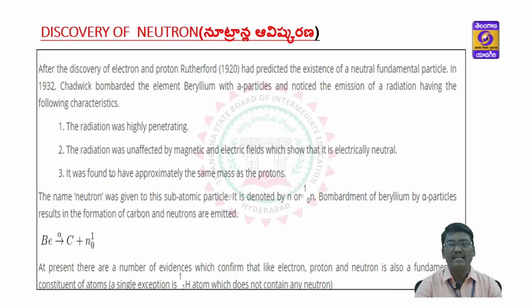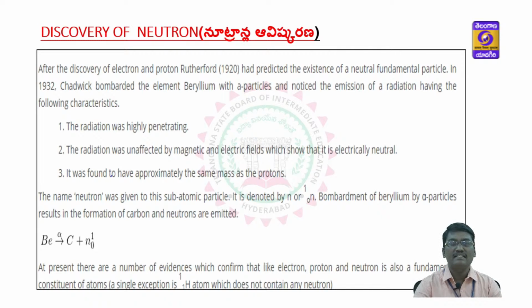Bombardment of beryllium by alpha particles results in the formation of carbon and neutrons are emitted. Those neutrons are electrically neutral, so they do not have charge, but their mass is equal to the protons.